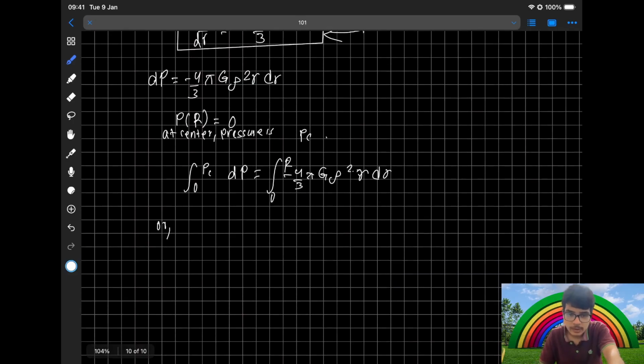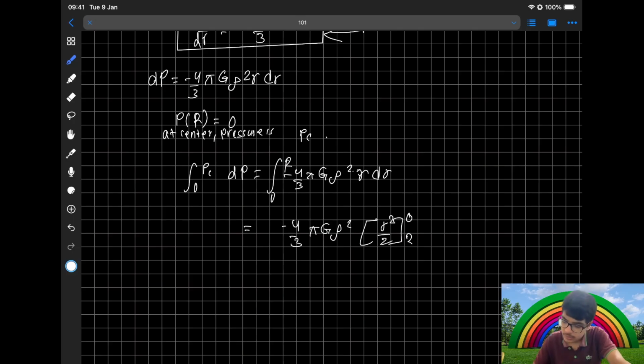Now what we do have is this right here, minus 4 by 3 pi G density squared, and as it is only depending upon r, we have r squared divided by 2, minus 4 by 3 pi G. Easy one, right?